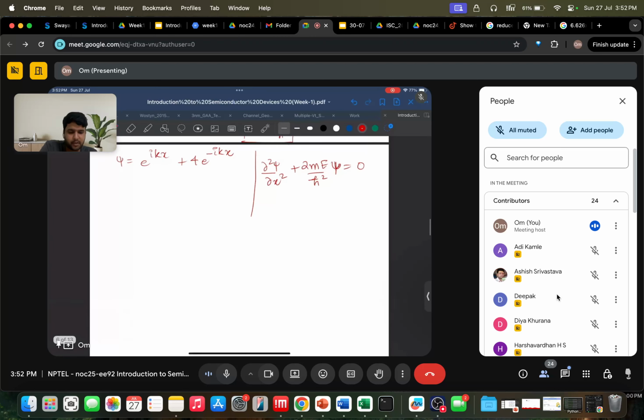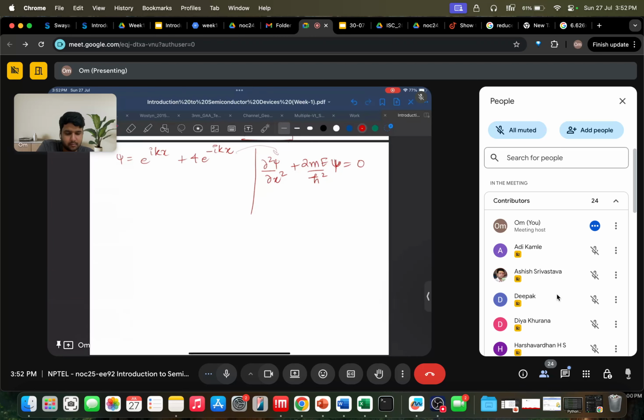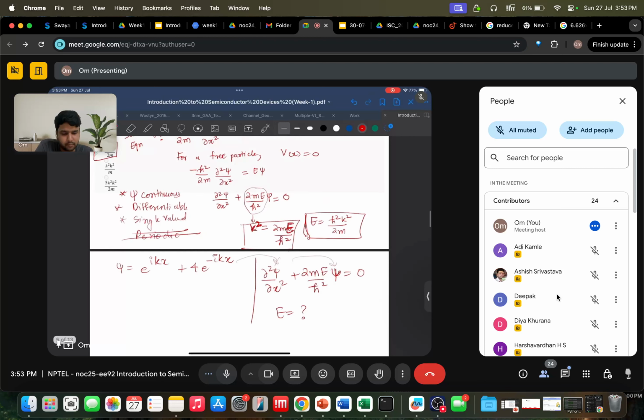Can you substitute this value of psi in this derivative and then find what is e? It should come out to be e equals h cross square k square by 2m.